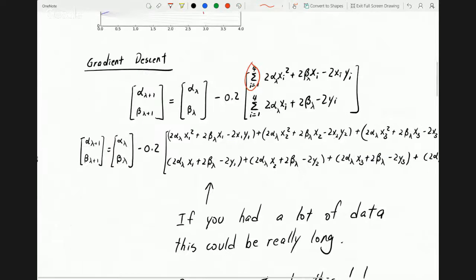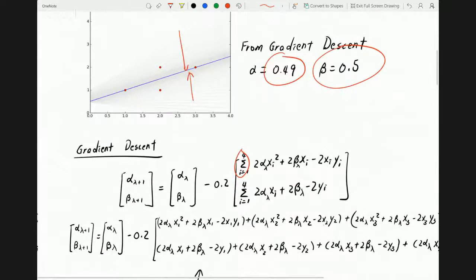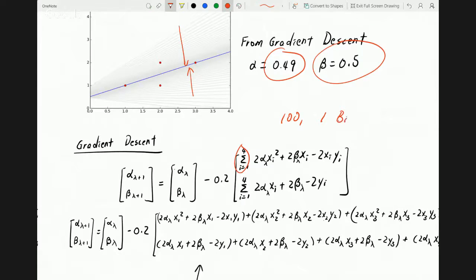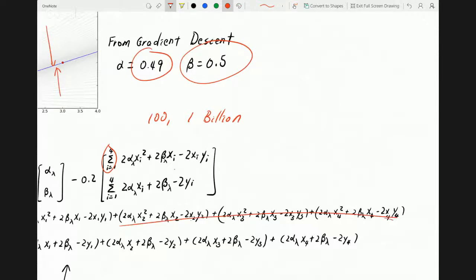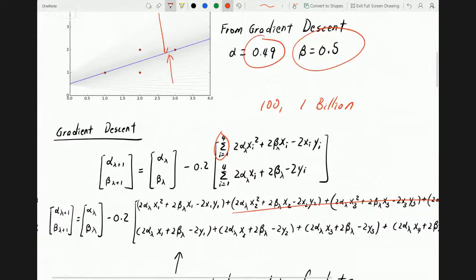Now, what happens if instead of 4, you have 100, maybe 1,000, a billion? Can you imagine how long this would be? This would be super long, and there would be a lot of calculation.